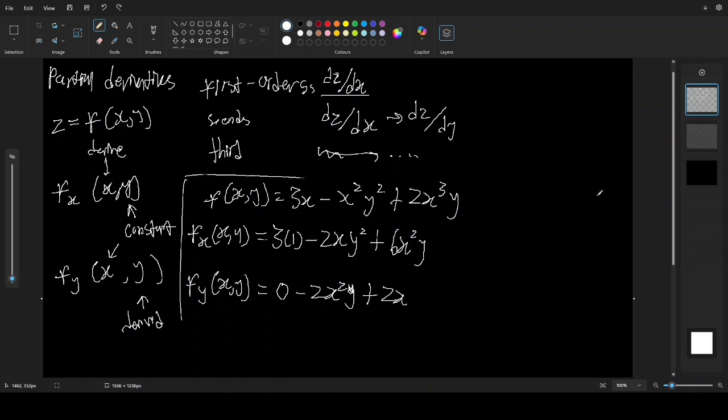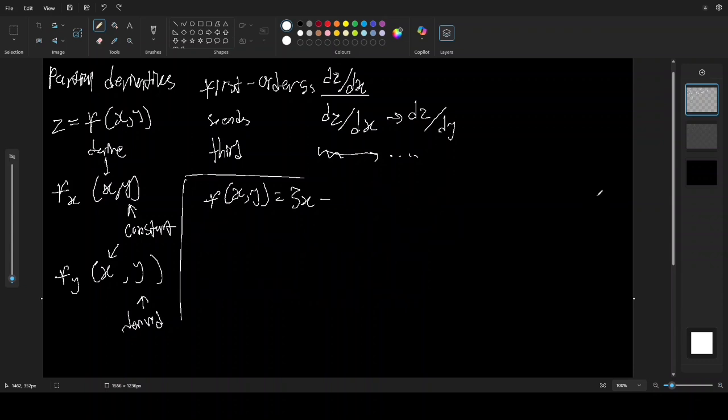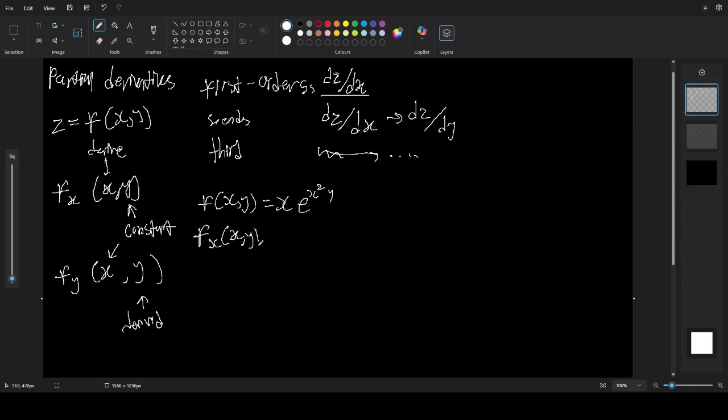Alright, let's continue on with another example. The second example, let's say f(x, y) equals x e^(x^2 y). So let's go with f_x(x, y). Since this is a product, it needs to be done with the product rule.